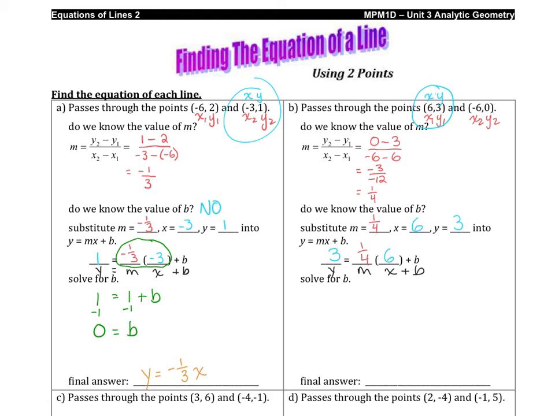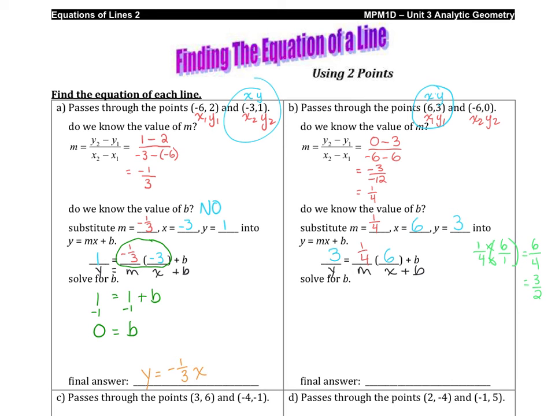If you do this in your head, then 1 over 4 times 6, you change the 6 to a fraction, 6 over 1, and you multiply the numerators and multiply the denominators. So 1 times 6 is 6, over 4 times 1 is 4, and in lowest terms, that's 3 over 2.